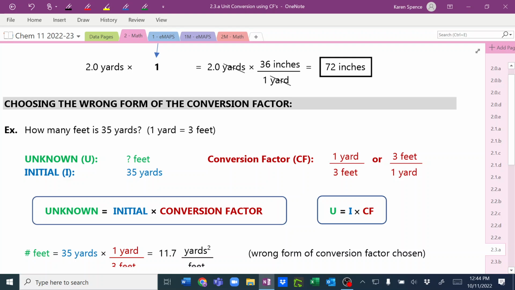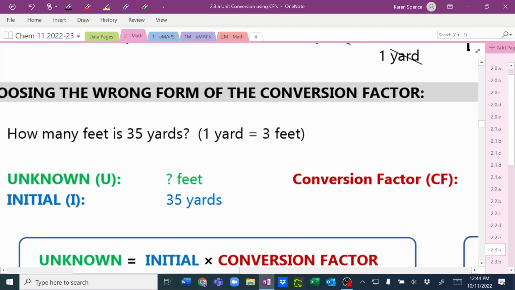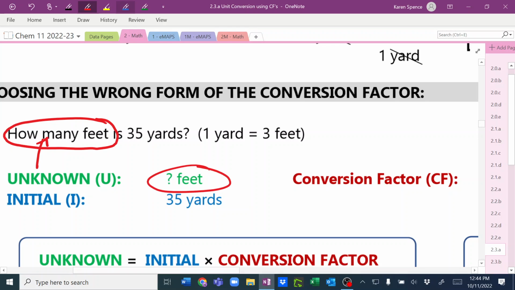What happens if you choose the wrong form of a conversion factor? So here is an example. How many feet? There's our question word, so that's going to be our unknown. Our unknown is how many feet is 35 yards. 35 yards is the information we are given, so we call that our initial information.